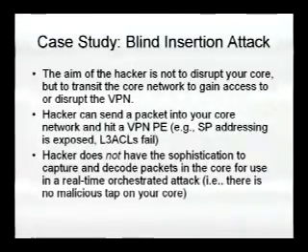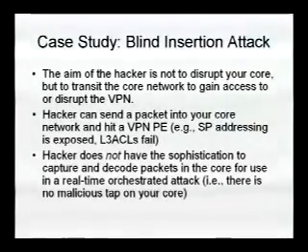So we assume that the hacker has the ability to hit that VPN PE in this particular case study. So maybe your addressing is exposed, or you have one little hole in your layer 3 ACLs, or what have you. But what the hacker does not have the sophistication to do in this case is to capture and decode packets in your core for use in a real-time orchestrated attack.